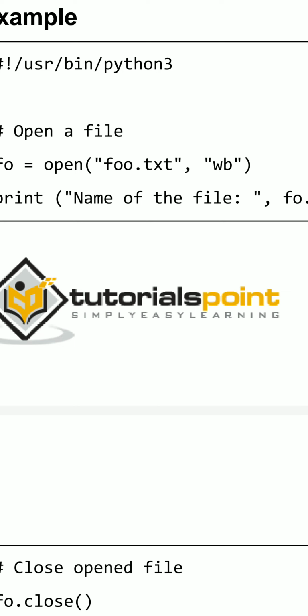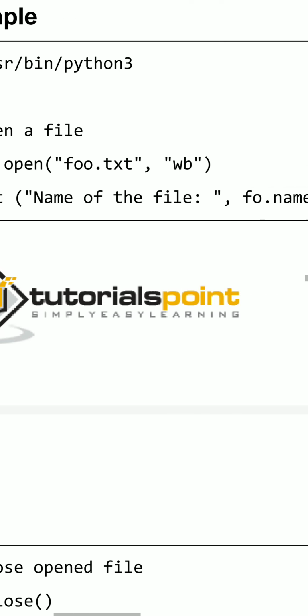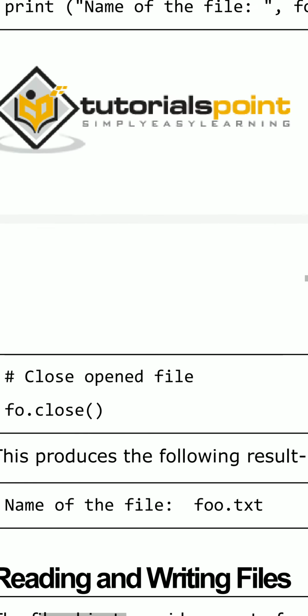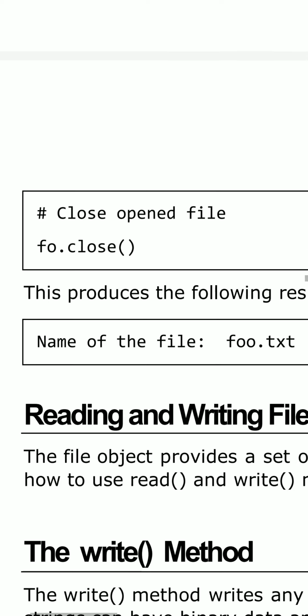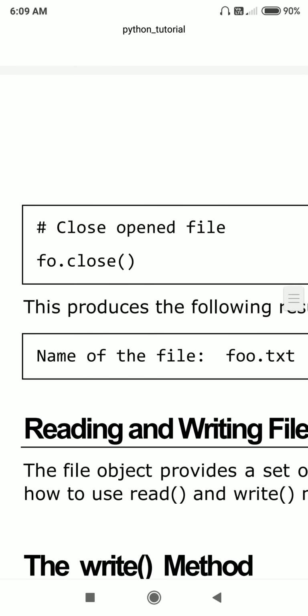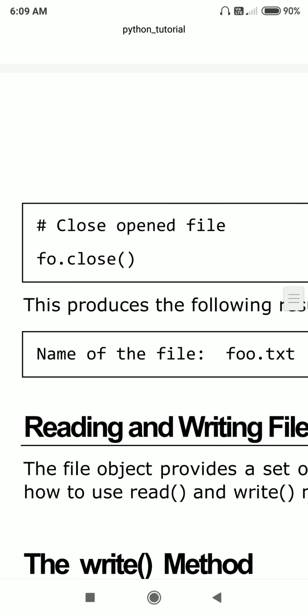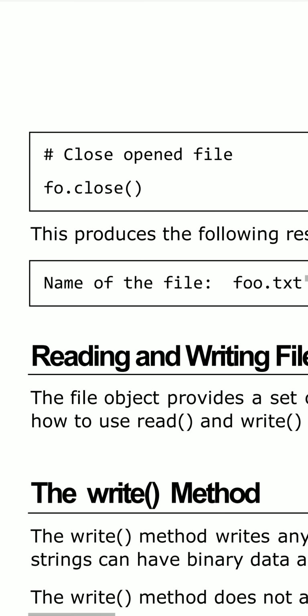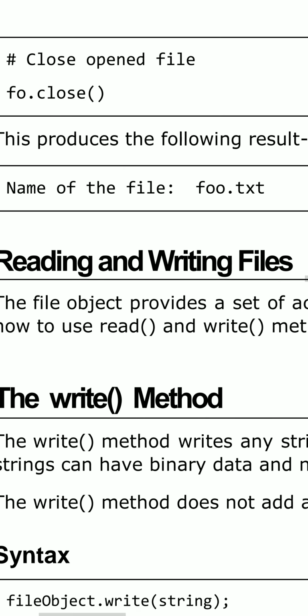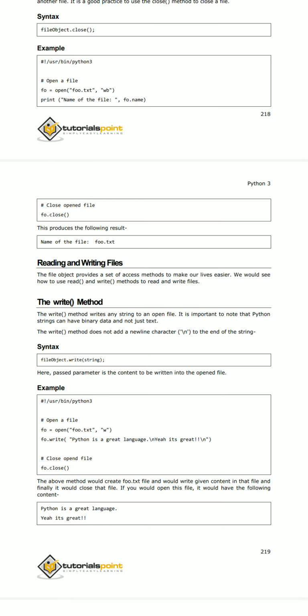First one is the file name, second one is the mode in which I have opened the file. Then I am printing the file name onto the output screen, and then closing the file. By using the same variable fo, I have opened a file, and at the end I have closed it by calling the close method. As soon as the program is executed, the following output is printed onto the output screen.